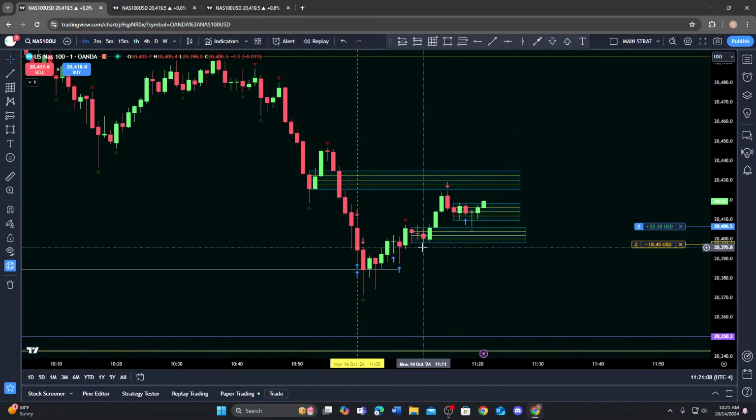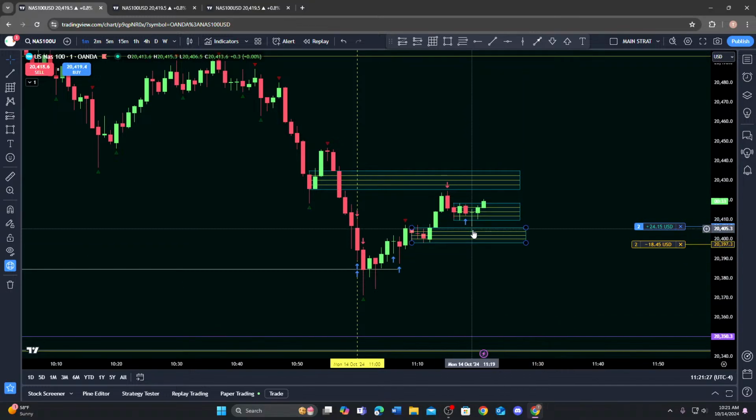Because instead of the red candles or the order blocks supporting price for bullishness, it would be the green candles supporting price down for bearishness.